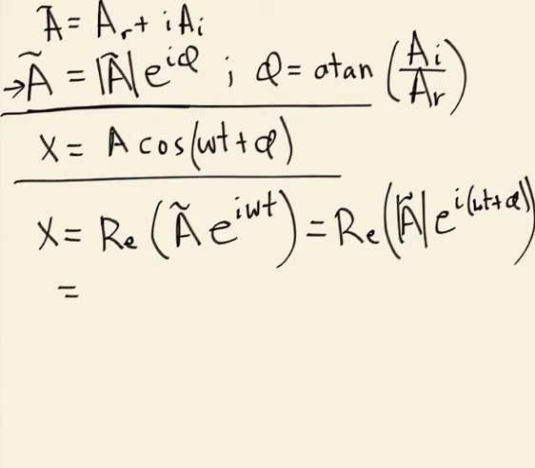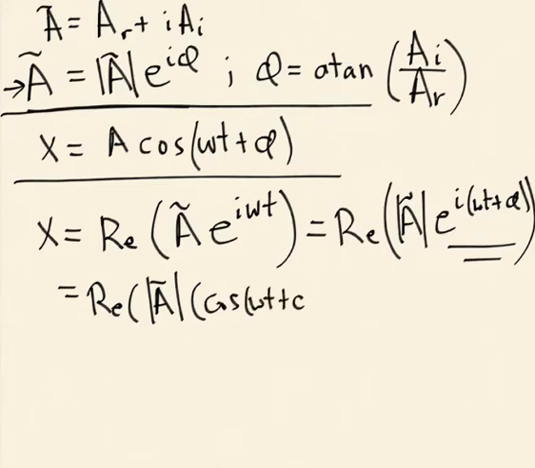And if I now expand out my complex exponential here, I have the real part of a magnitude times cosine of omega t plus phi plus i sine of omega t plus phi.